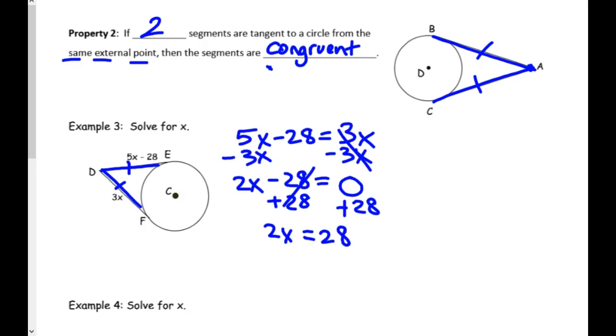Last step, to get rid of that 2, what do? Divide. Okay? 2 is a coefficient, so you divide to get rid of that number in front of the x. So 28 divided by 2 is 14. All right? So if I plug 14 back into both expressions, I'll get the same number. It's going to be congruent. Okay?